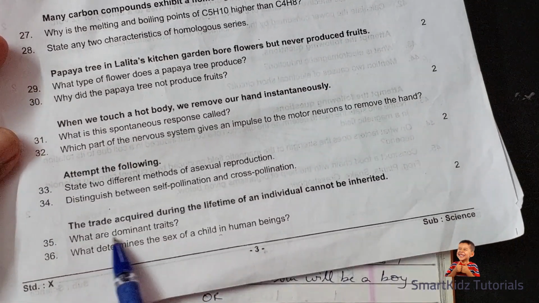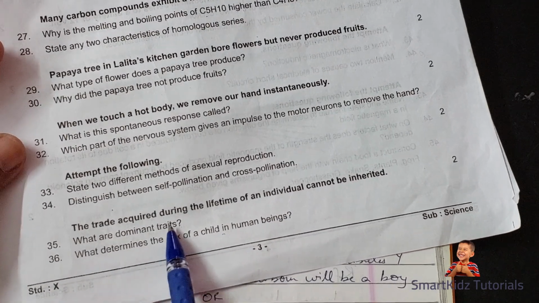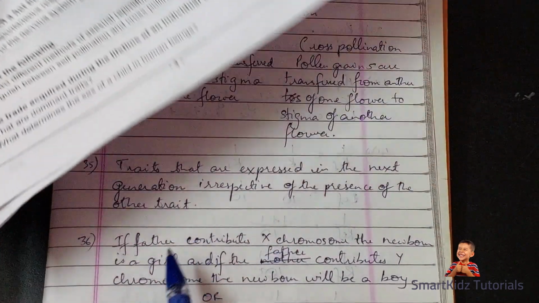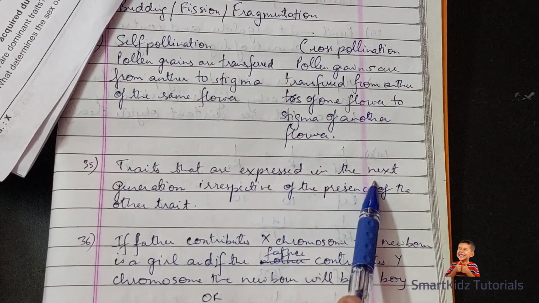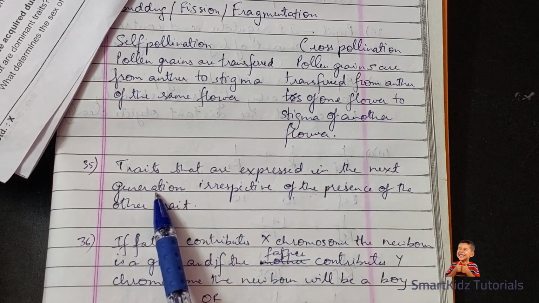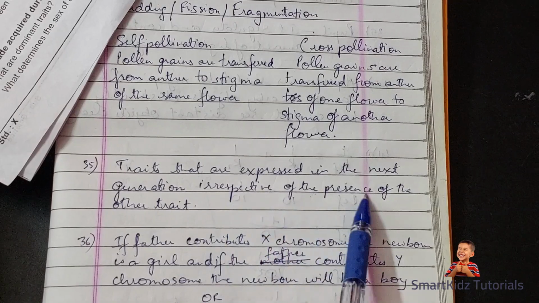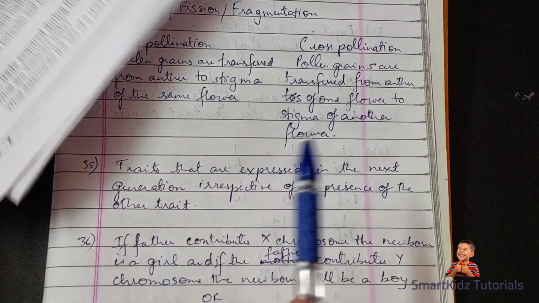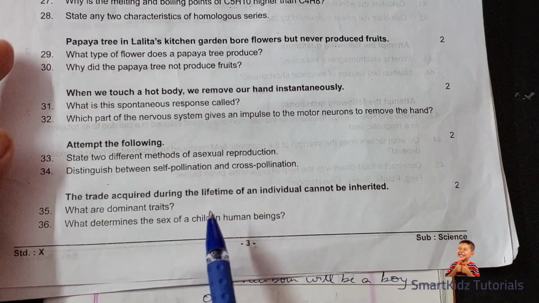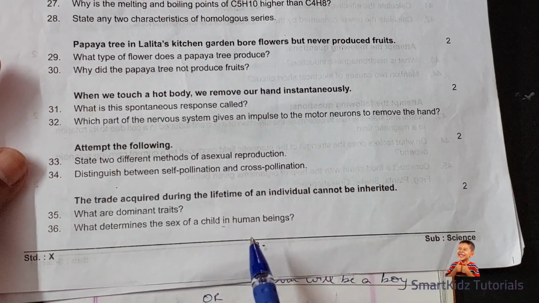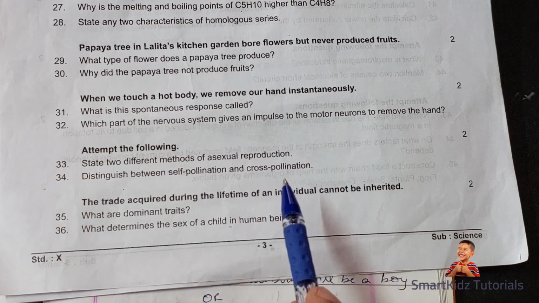You have dominant and you have recessive traits. The dominant ones are those which are expressed. The ones which are not expressed, we don't see them.